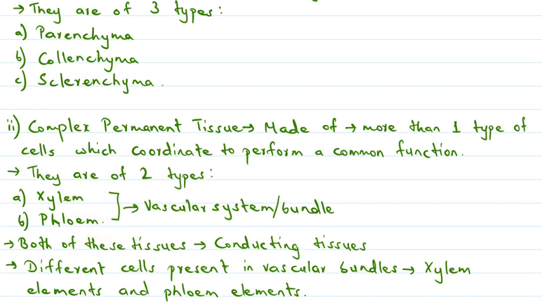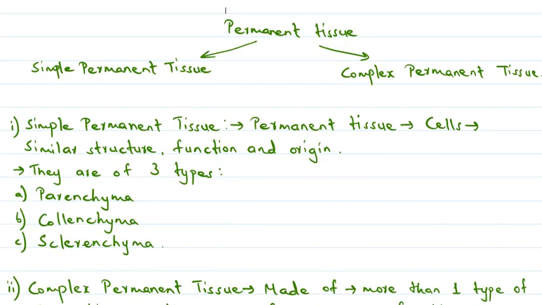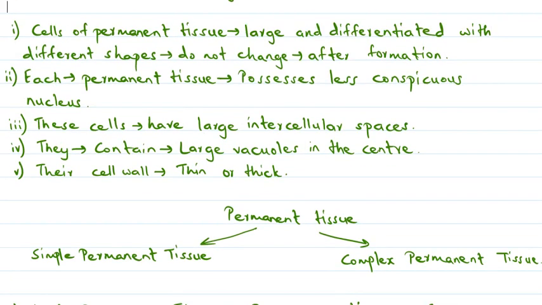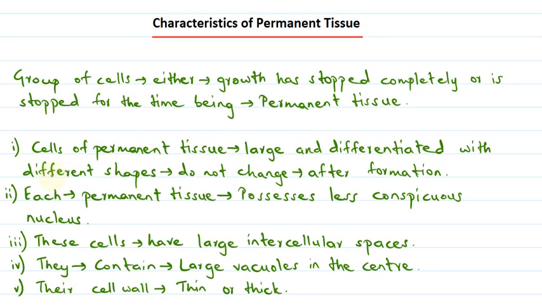Now let's quickly revise the things that we have covered today. Today we discussed in detail the characteristics of the permanent tissue. First we saw how to define permanent tissue: a group of cells in which the growth has either stopped completely or is stopped for the time being.